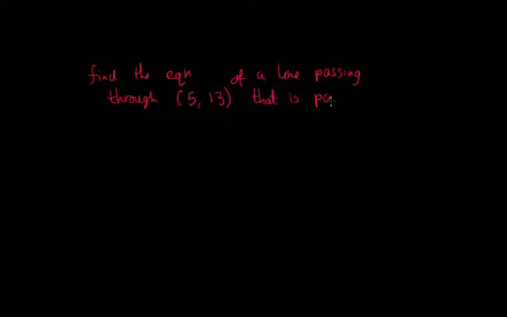So find the equation of a line passing through (5, 13) that is parallel to the line y equals 2x minus 4.